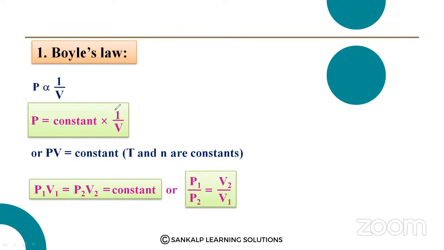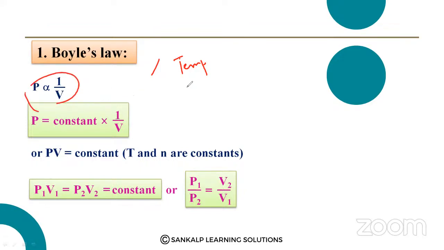So what Boyle did was keep the temperature constant, and he saw that the pressure of a fixed amount, that is the number of moles of gas, varies inversely with the volume.